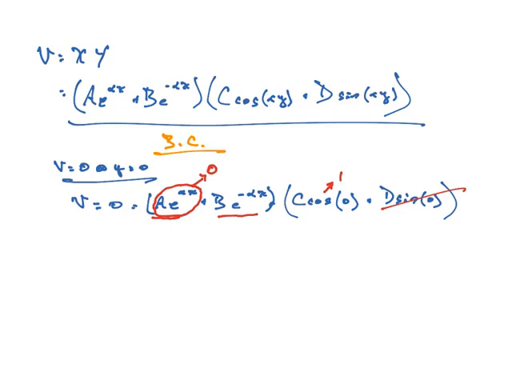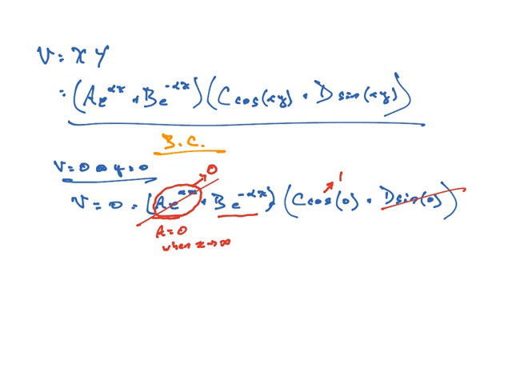And the only way for that to be true is if A is equal to 0. So when x goes to infinity, that term better go to 0. How does it go to 0? Well, the only way to do it is to make A, that constant, always the same number, be 0. So that term must go away as well.